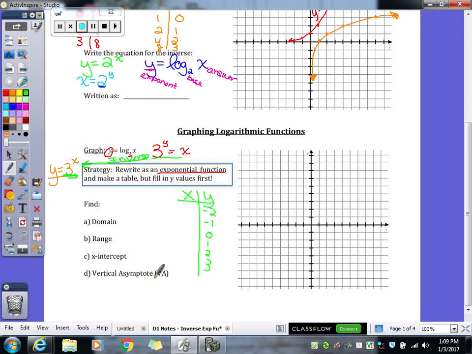So it's y equals log base 3 of x. And then our decimals are going to go over here: 0.11, 0.33, 1, 3, 9, and 27. So you use the 3 to the x to get your table, and then you just flip your points to get the log graph that we actually want.